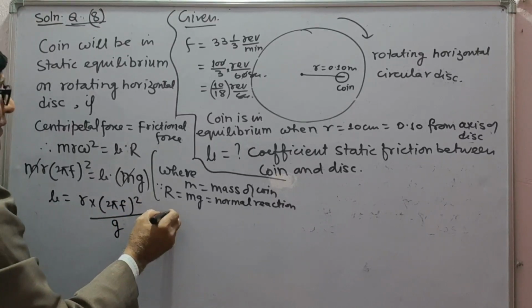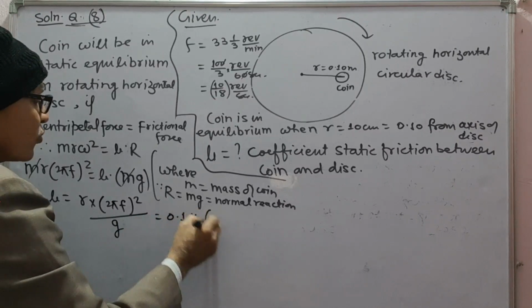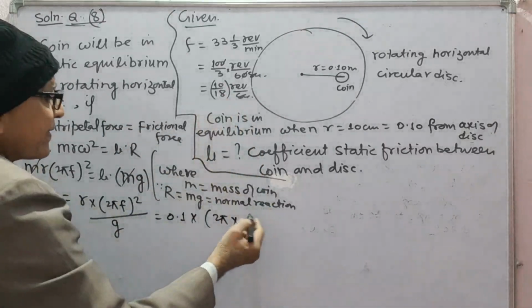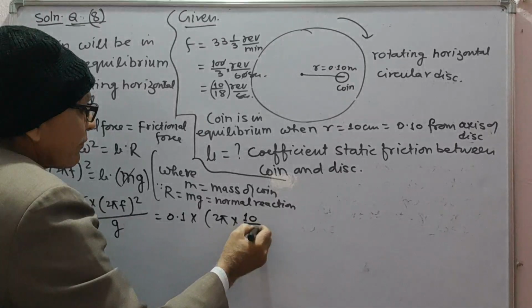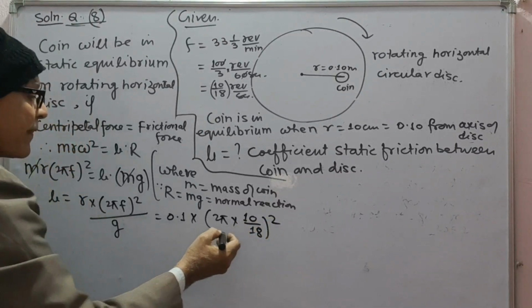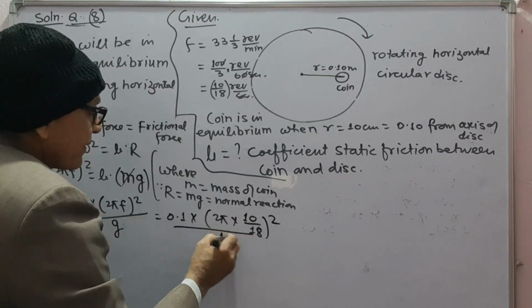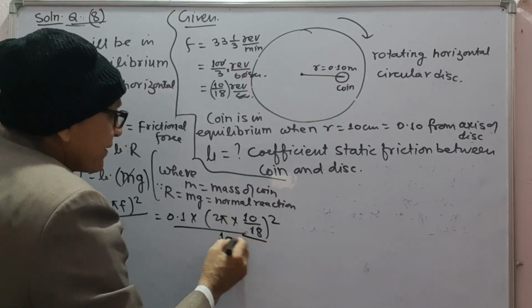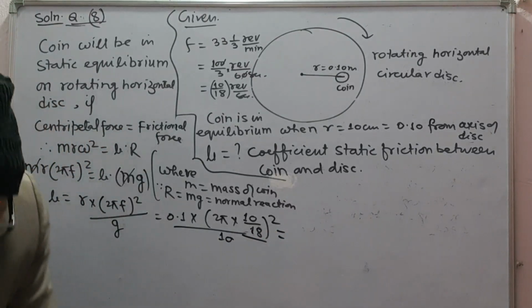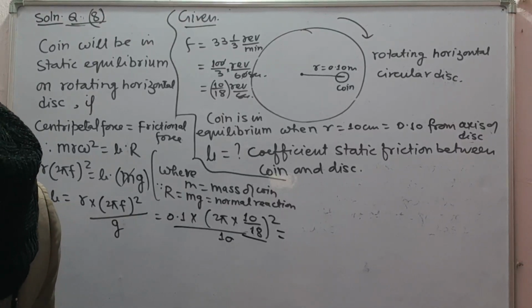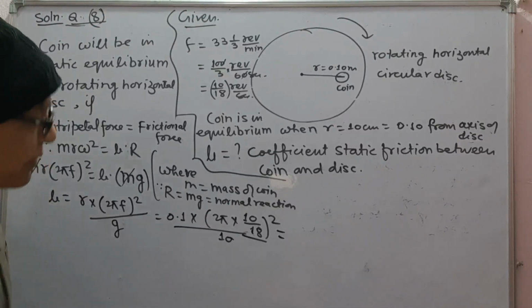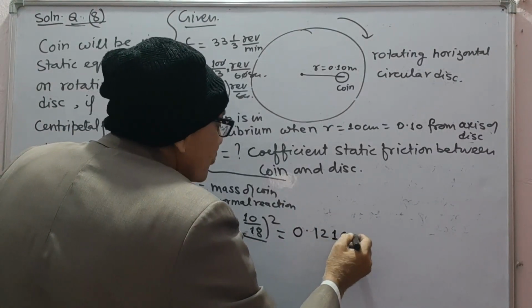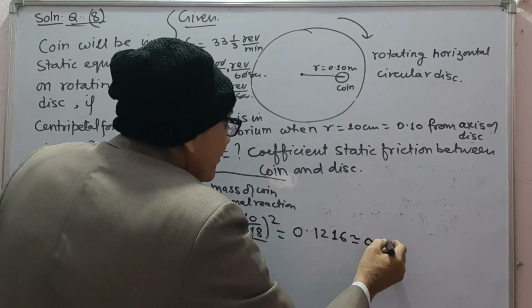Values are known. r is 0.1 into 2 pi into f is 10/18 whole square upon 10. Which gives mu as 0.1216, which is nearly 0.122.